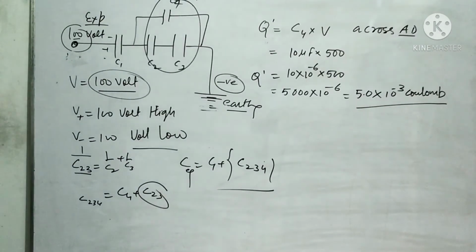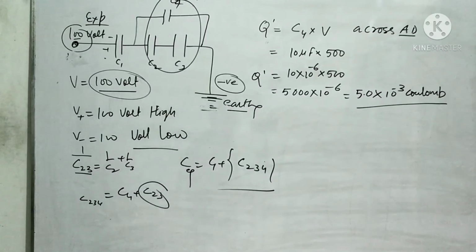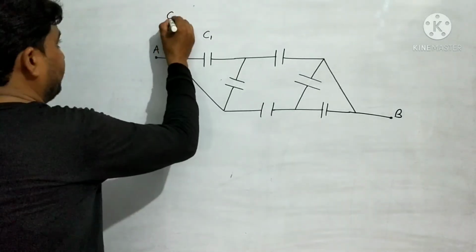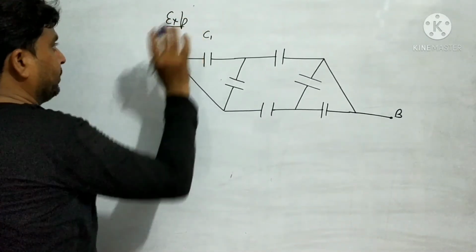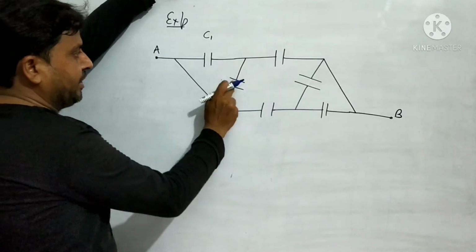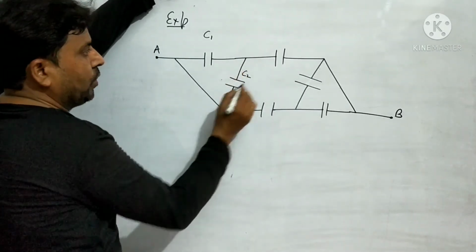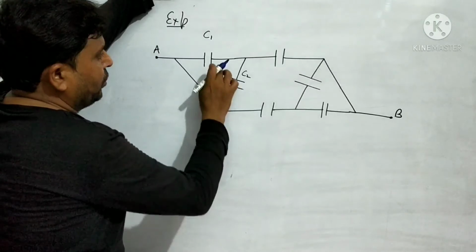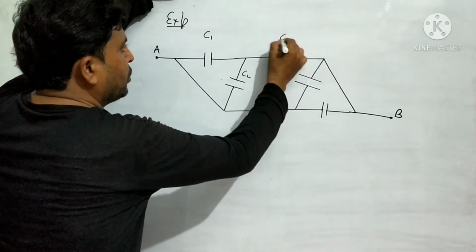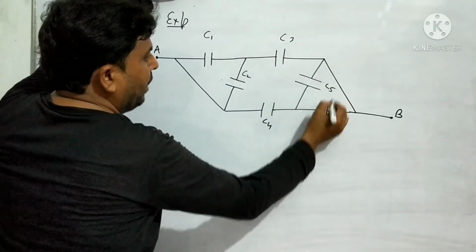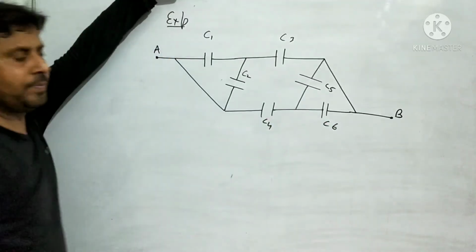Now I would like to take a different type of numerical, a different type of circuit. So please take a screenshot. One more example. Such a combination. First capacitance C1, second capacitance C2, third capacitance, sorry, C1, C2, C3, C4, C5, C6.